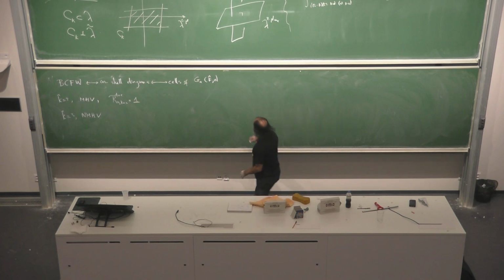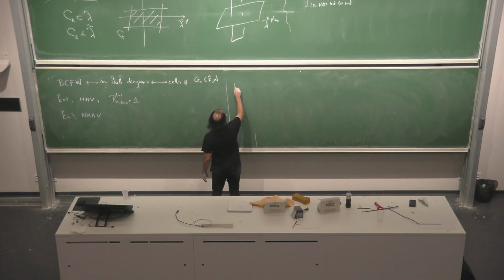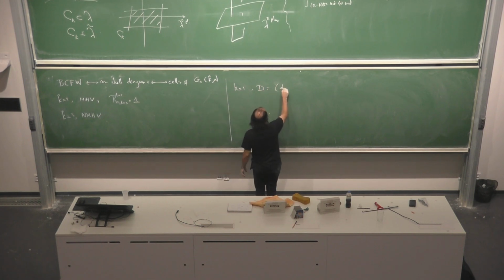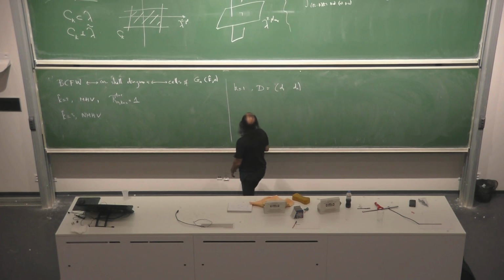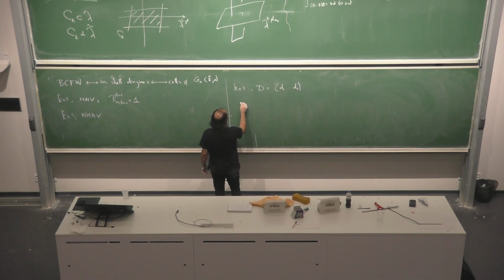Okay, so for k equals 1, our D matrix is just 1 by n. So I can think of it as little d_1 up to little d_n. And so what I'm left with is this integral. I apologize for the many d's. Maybe I should call it something else.